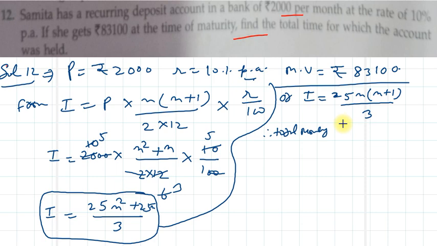2000 is deposited for n months, so rupees 2000n, right?